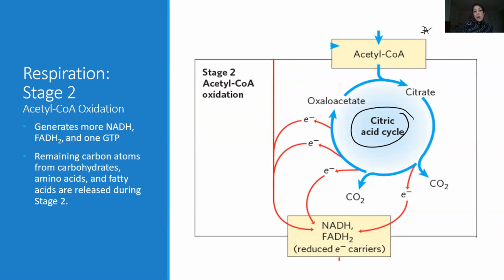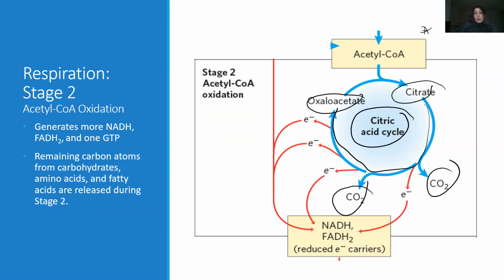Now, the remaining carbons that are left over from this process are going to be potentially cycled through the cycle. As you can see, we enter in and exit with a molecule, but through the process lose some carbons to CO2, and we lose lots of electrons as we oxidize to these electron-carrying molecules.